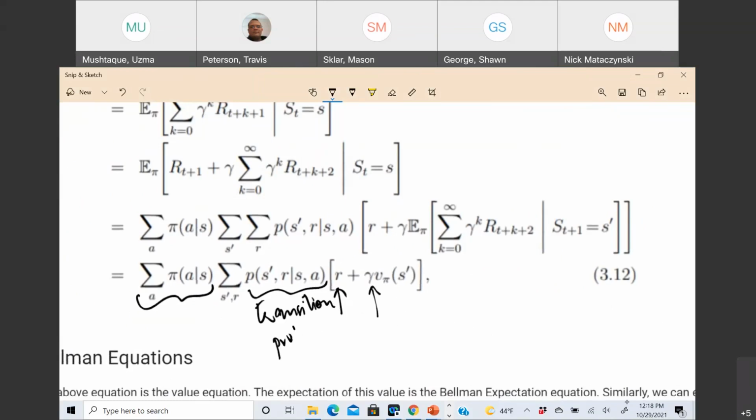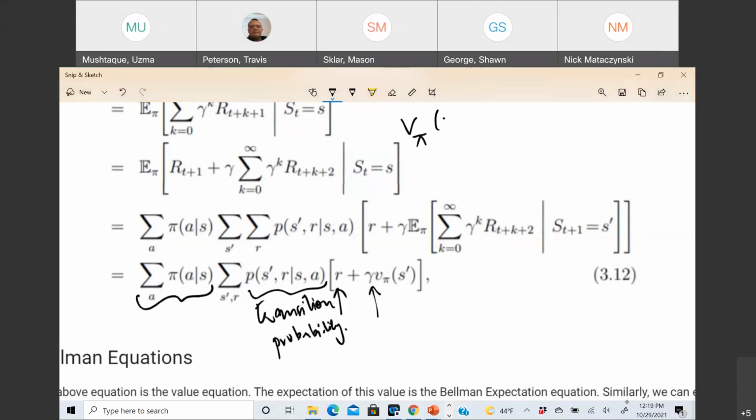Because we are interested in finding out how good it is to be in state S after taking some action and landing on another state S prime under policy pi, that's why we are able to describe this value function like this.